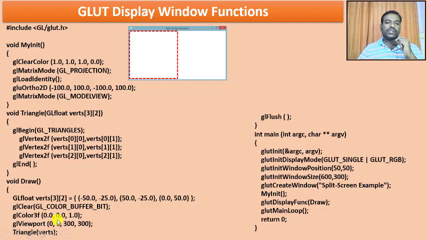And I am going to set what color I am going to draw the object. Right now I am going to use the color blue whenever I want to draw an object, because this is going to be the blue component. And now I am going to set the viewport as 0, 0, that is the bottom left corner, and the width is going to be 300, height is going to be 300.